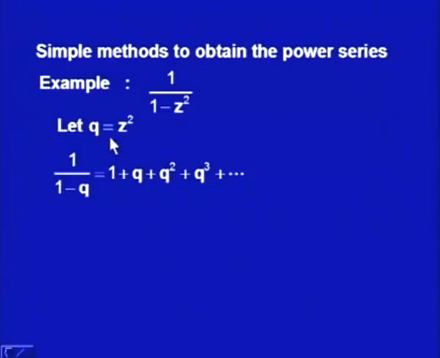So, substituting q equal to z square, we have the power series for 1 over 1 minus z square, and it comes out to be 1 plus z square plus z^4 plus z^6 and so on. So, we do not have to calculate derivatives; from this geometric progression we can find the power series. For some functions we can use this technique.